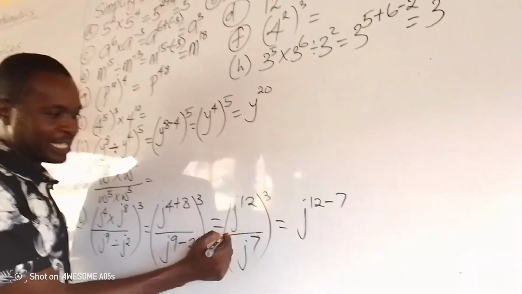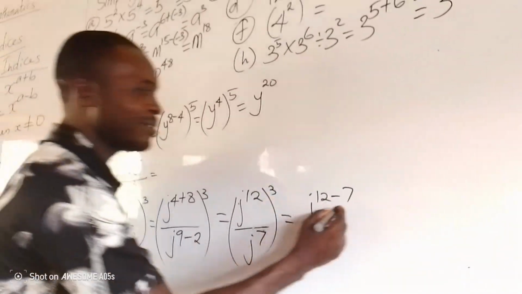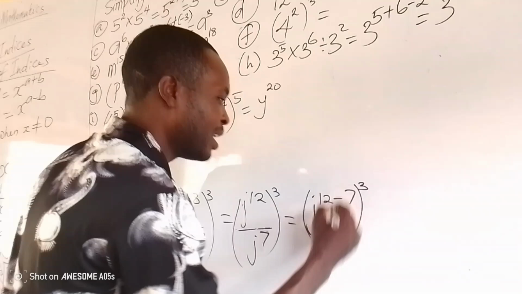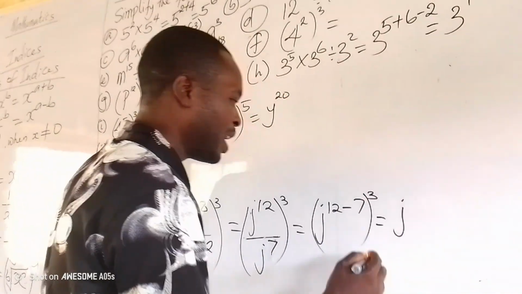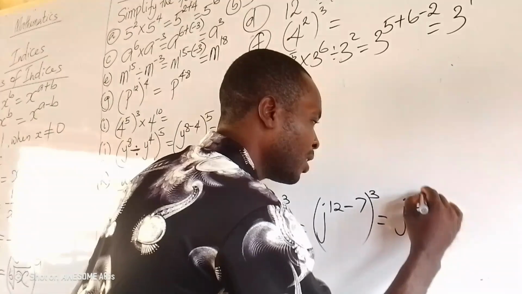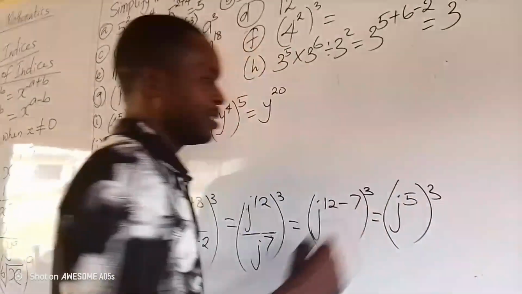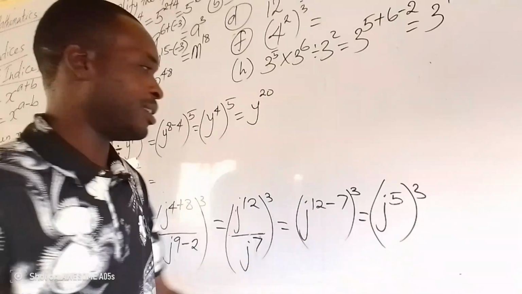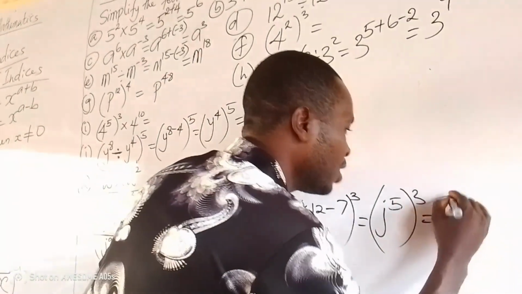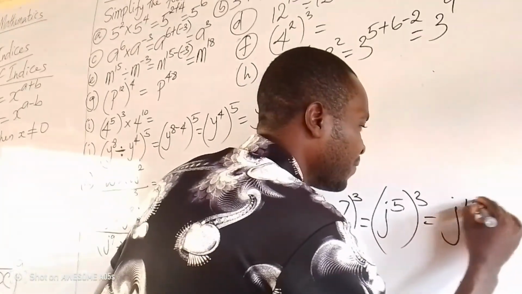It is this division sign that is working for that minus now. Then I will have raised to power 3. So this is j raised to power 5 and 3. So this is 5 multiplied by 3 now, not 5 raised to power 3. So it's going to be j raised to power 15.